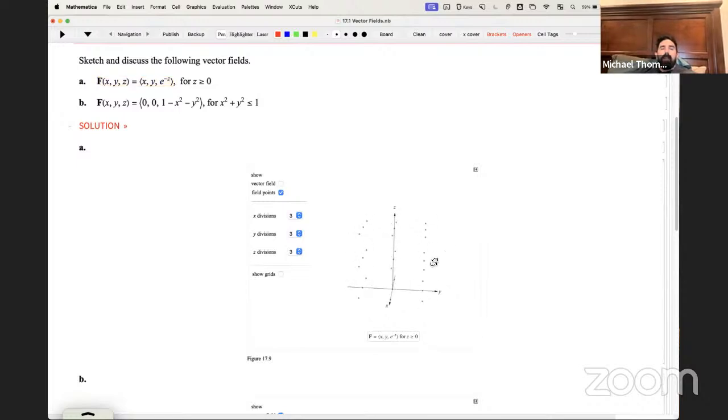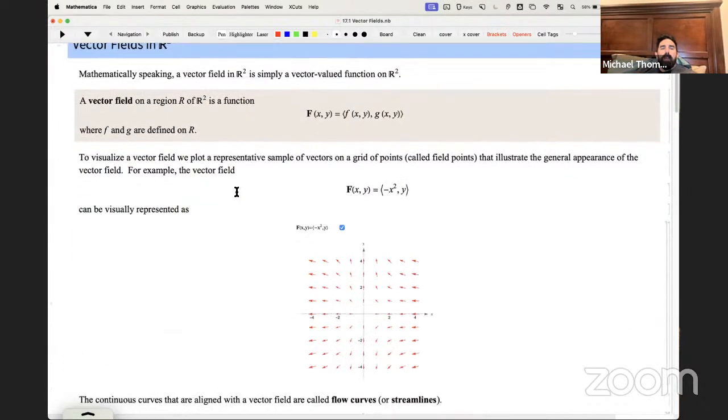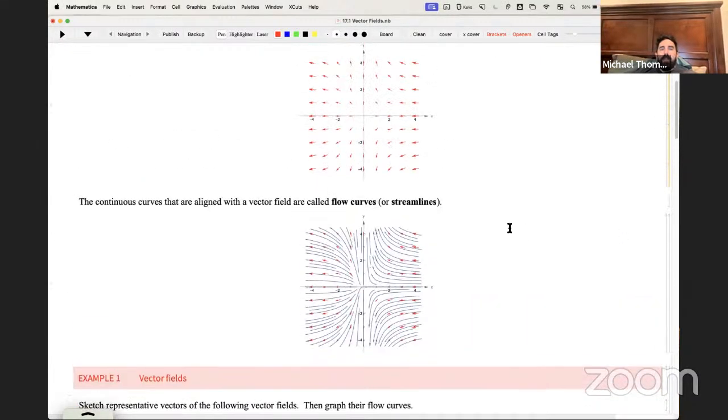So here's a way you can kind of attempt to visualize what these look like. If I look at the first 2 components, x, y, that's a vector field. I didn't actually graph that one, but let's see if we can do it here. I'm going to graph that vector field. I'll use that as another example.